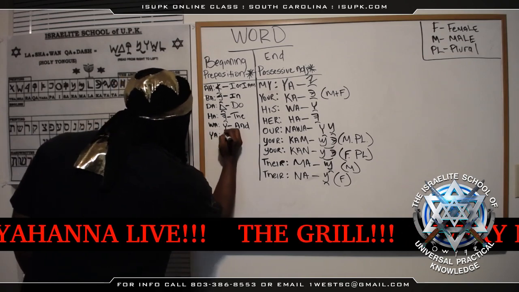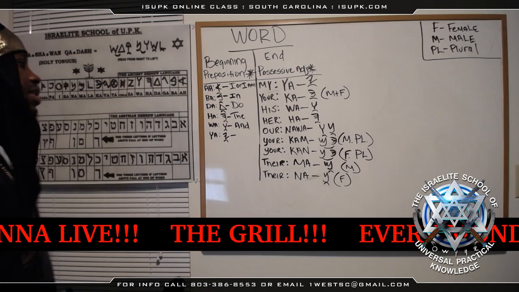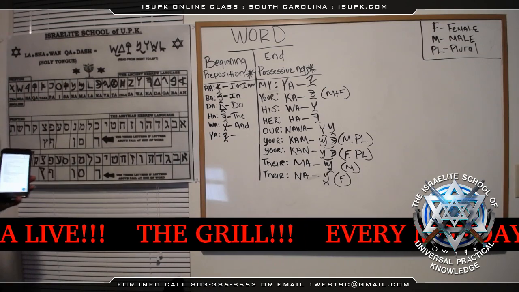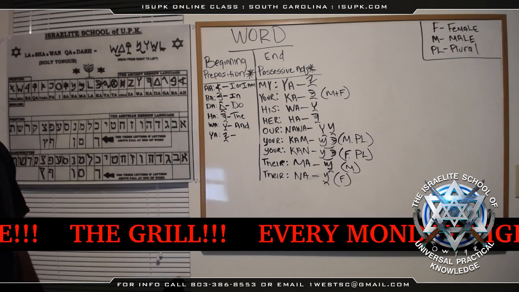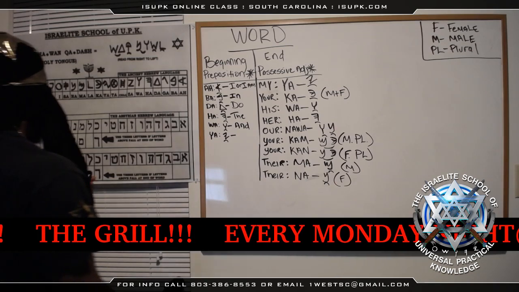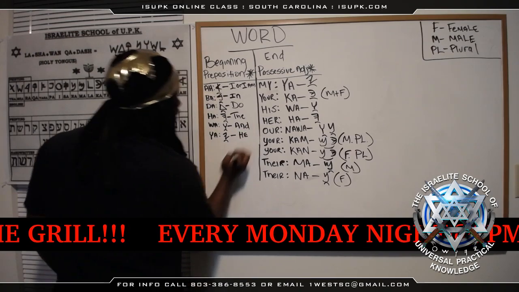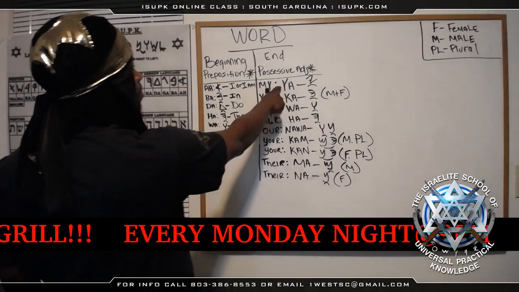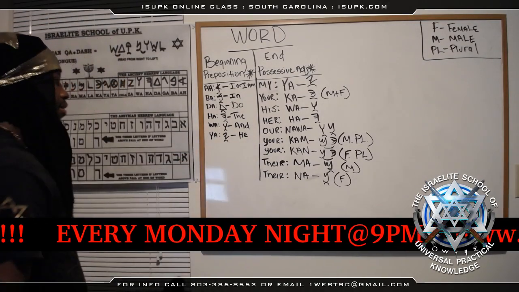Yah is that symbol right there. What does Yah mean in the beginning of a sentence? It means he. See, Yah here at the end means my. You know what I mean? But Yah in the beginning means he.